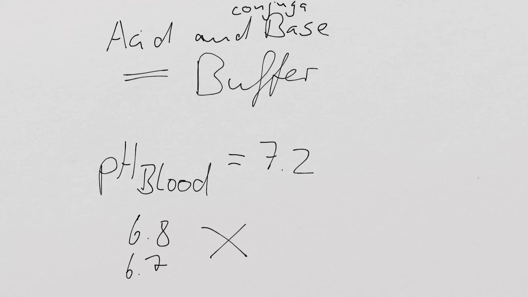Likewise, if you have a blood pH of 7.6 or above, untreated, you have an alkalosis, and in a couple of hours you are dead. Yeah? Which is usually very inconvenient if you are dead.